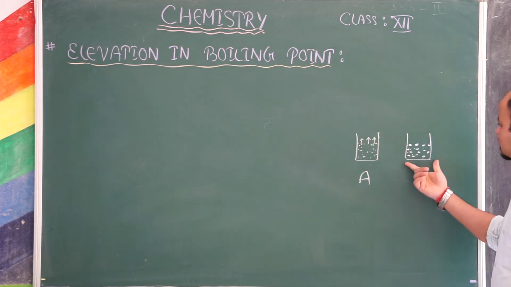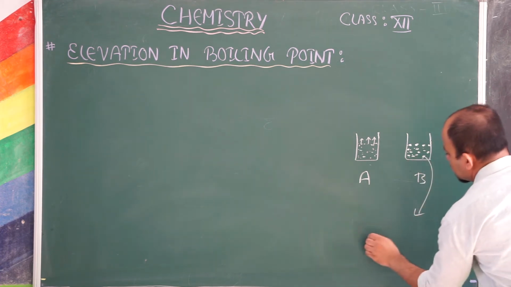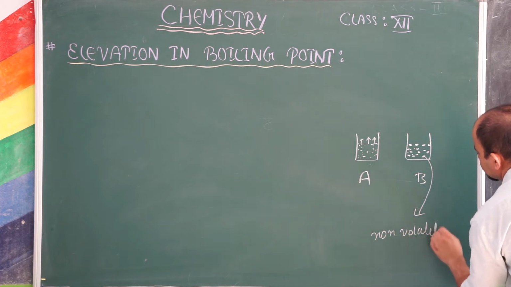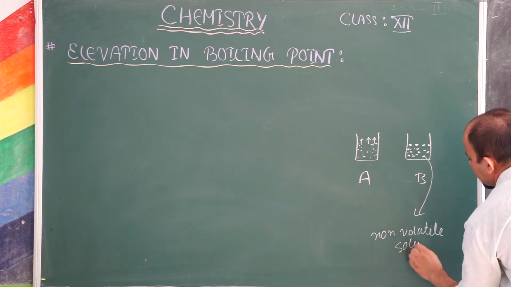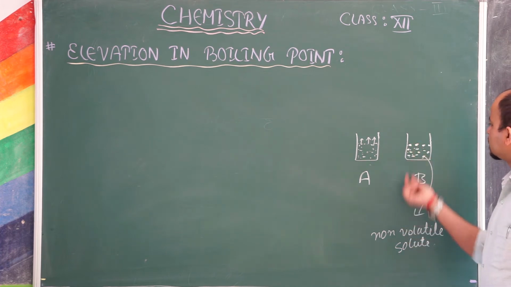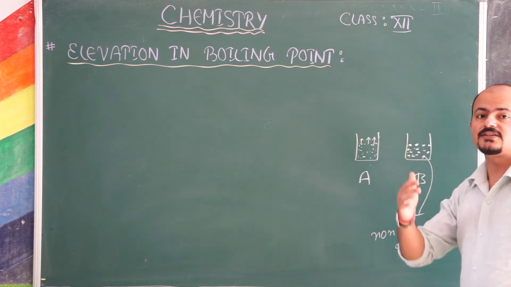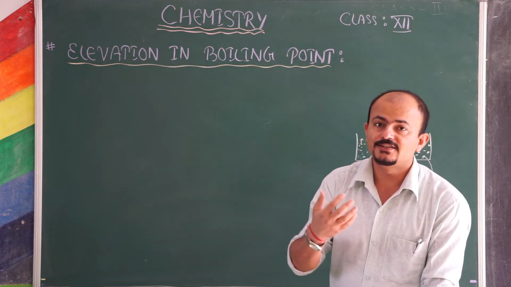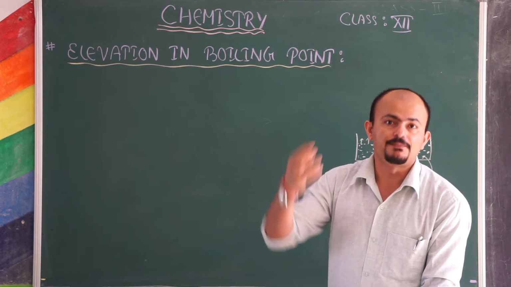Now, in this case, you have a solution in which non-volatile solid particles are added. So these solid particles will occupy some of the surface area and hinder evaporation, or hinder the solvent molecules from going to the vapor phase.